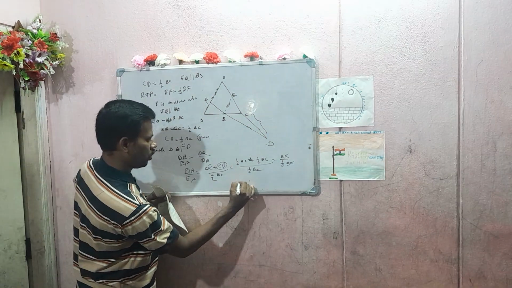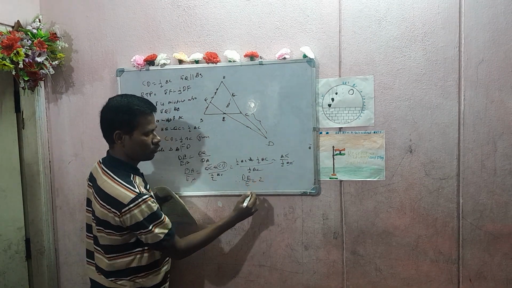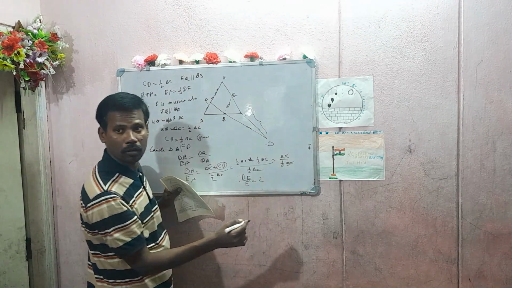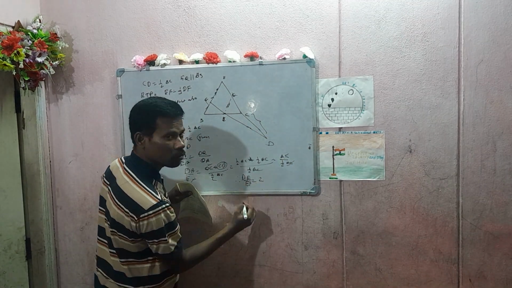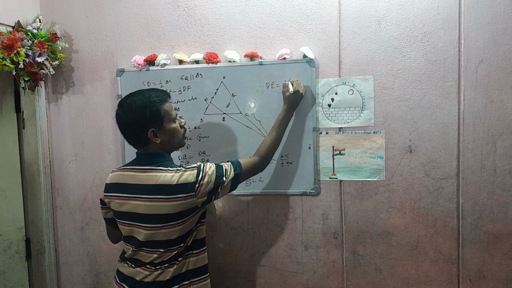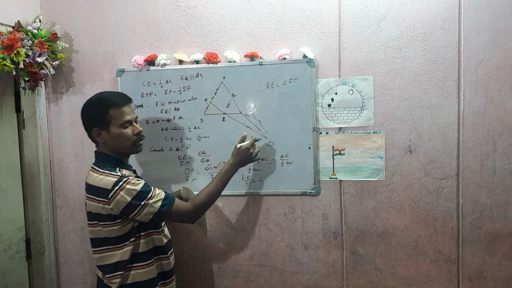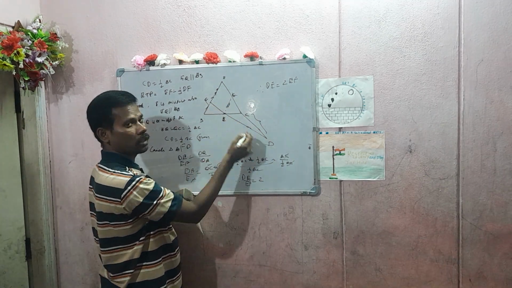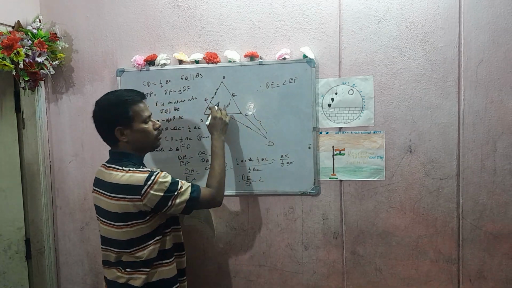So therefore, DE by EF is equal to 2. Therefore, DE is equal to 2 times EF. We have proved DE is equal to 2 times EF.